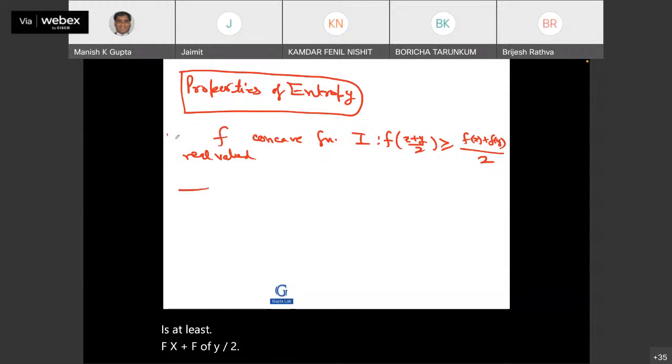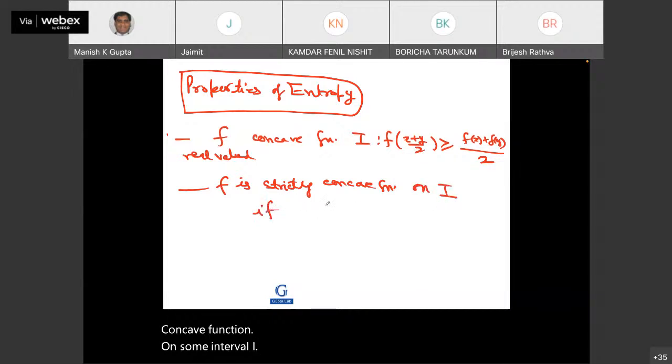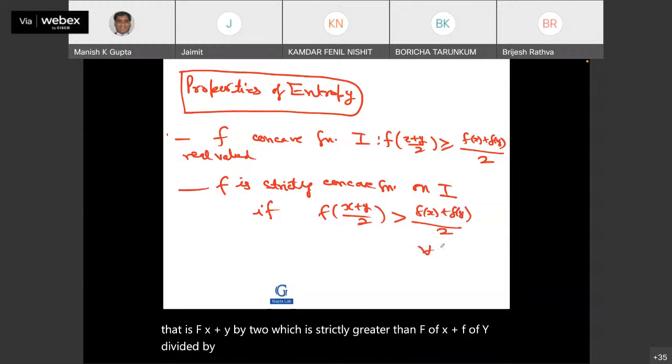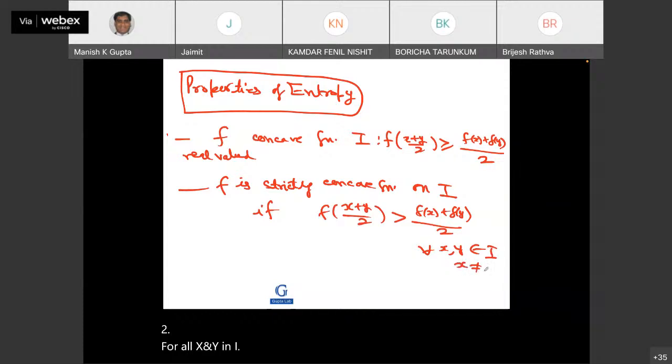And then we say that f is a strictly concave function on some interval I if this is a strict inequality. That is, f of (x plus y)/2 is strictly greater than (f of x plus f of y)/2 for all x and y in I, x not equal to y.